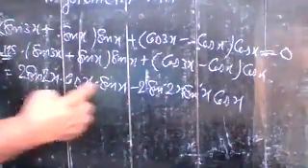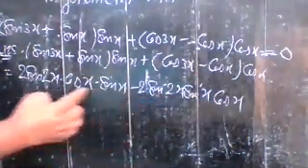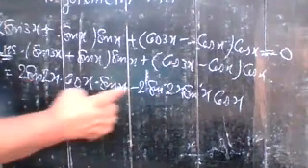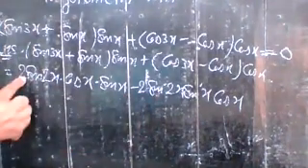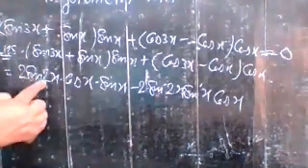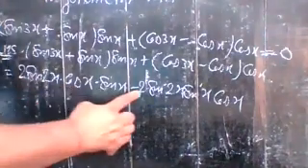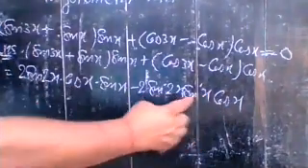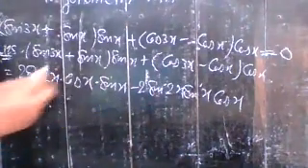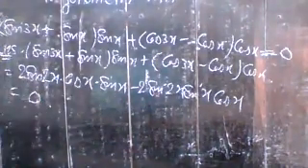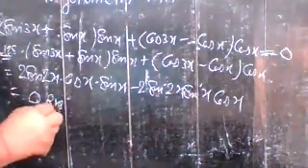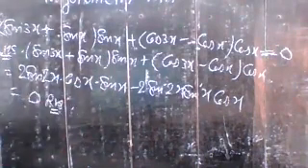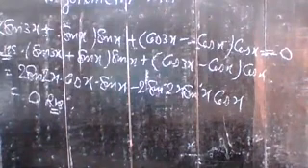Now see the result very carefully. These two terms are the same: 2 sin 2x cos x sin x. With the minus sign they cancel out and your result is 0, which is the right side. So you can solve it in this way.